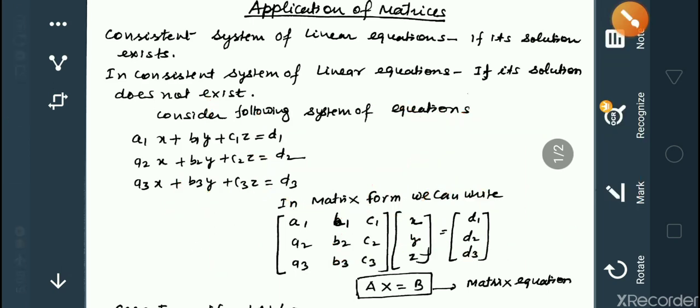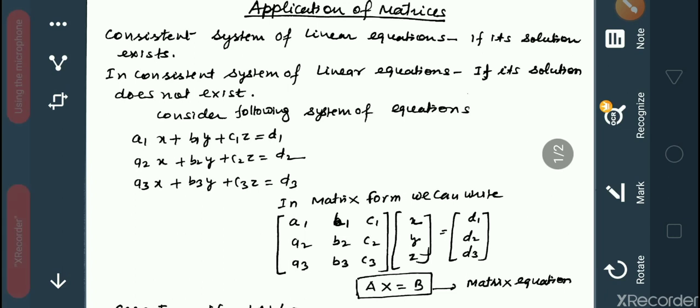So these 3 solutions can be categorized in 2 parts. One is a consistent system of linear equations, and the second is an inconsistent system of linear equations.